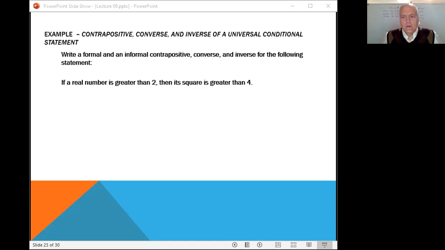Okay, let's take a look at these. So our statement is going to be formally, for all x that's an element of R, the real numbers, if x is greater than 2, then x squared is greater than 4. That's our statement.